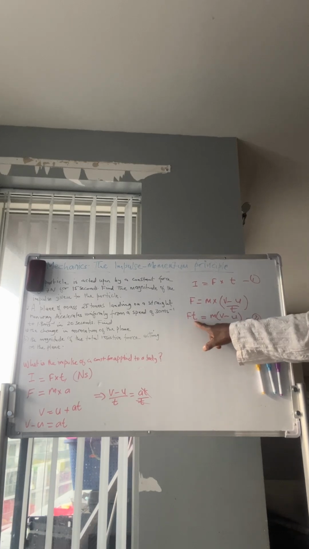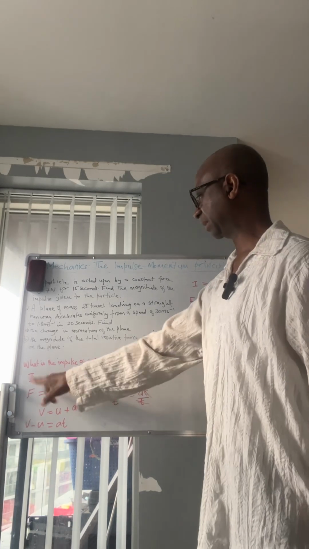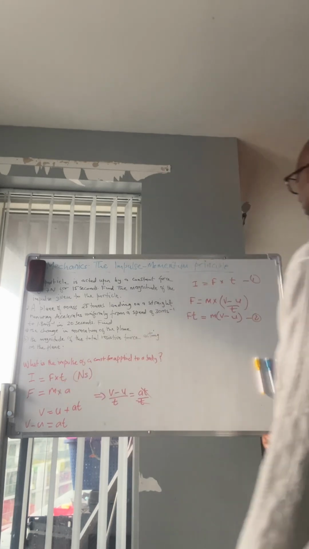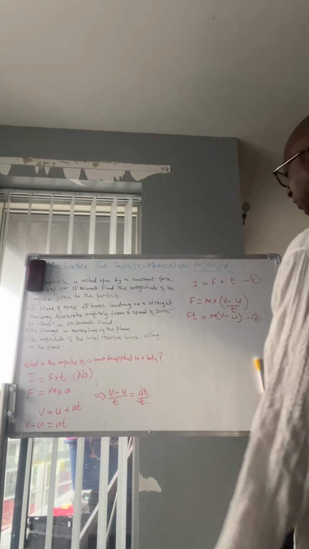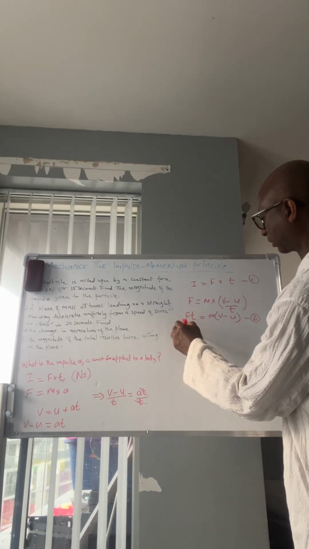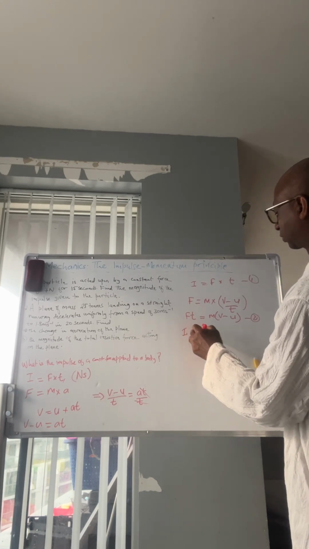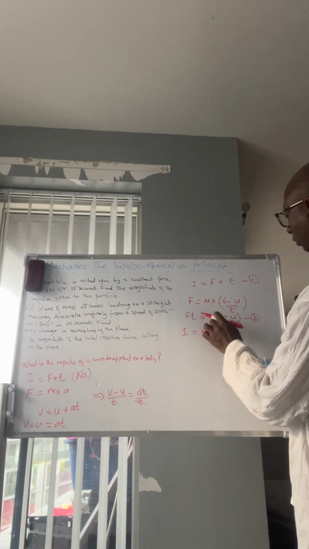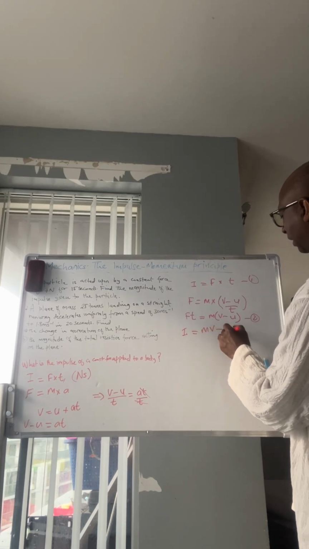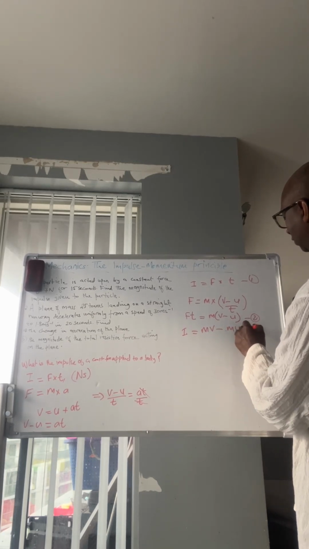And what is Ft? Ft is impulse. So that means the impulse is equal to m times v minus u, and opening the bracket, mv minus mu. Equation 3.